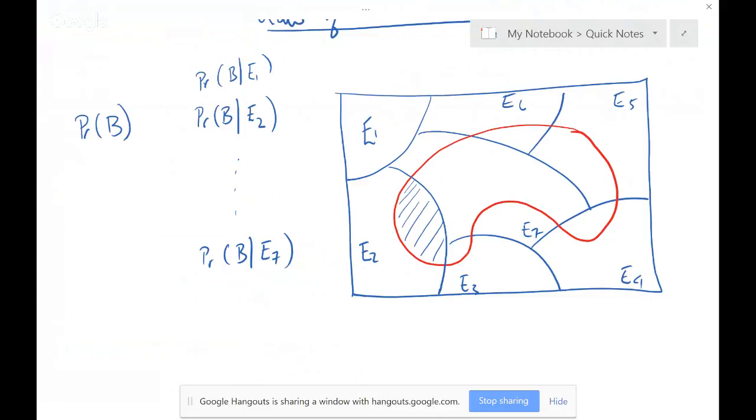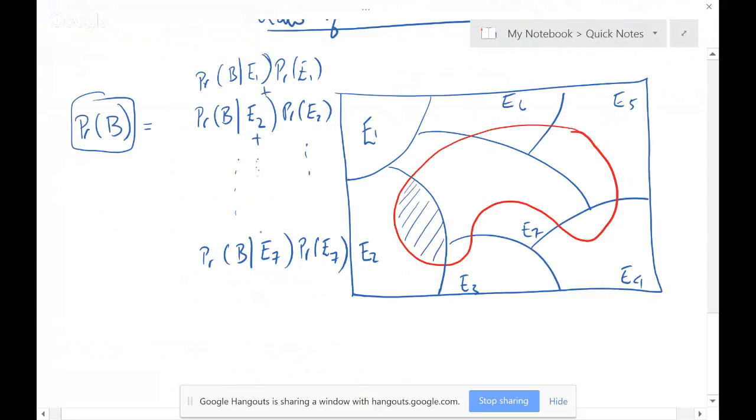So if you have these probabilities, and you also have the individual probabilities of these events, then you are able to compute the probability of B, because that's just equal to this plus this, and so on.